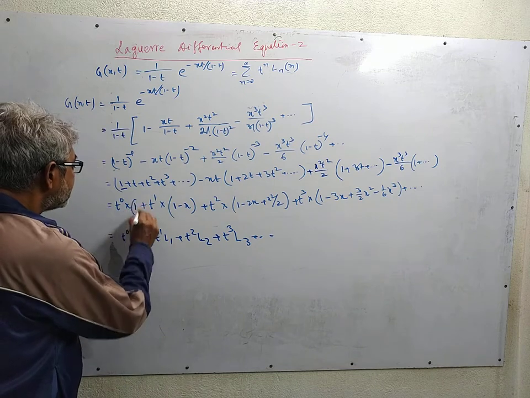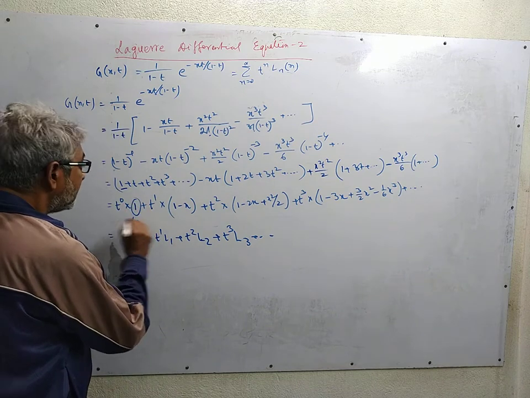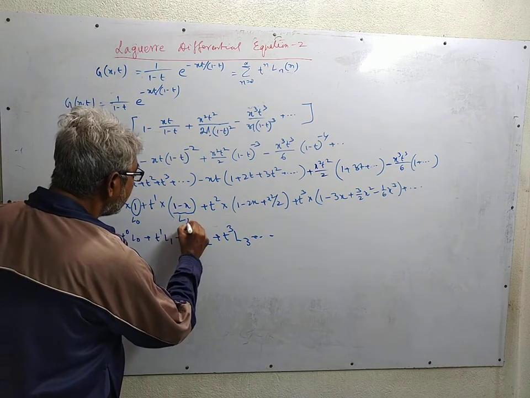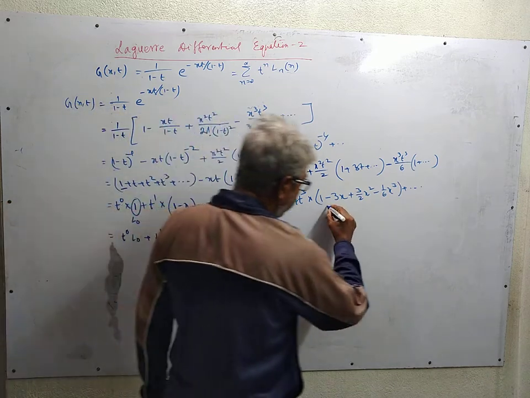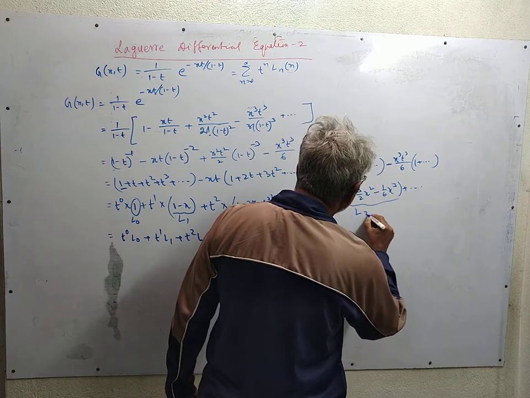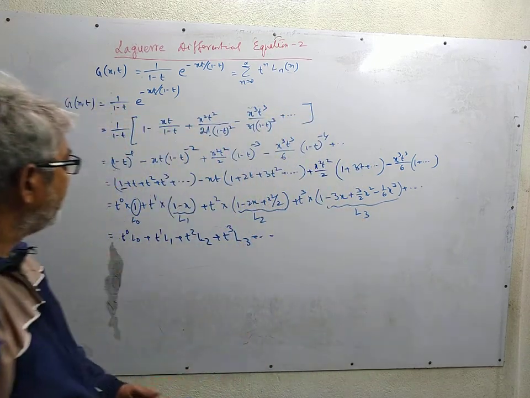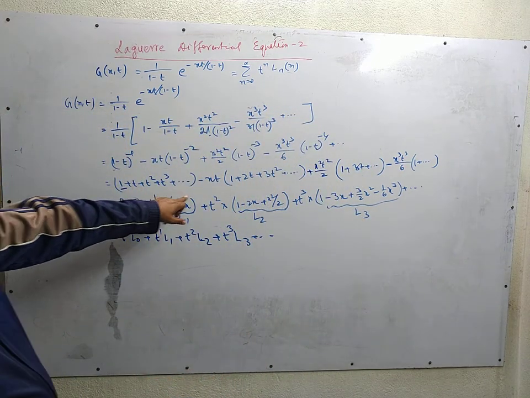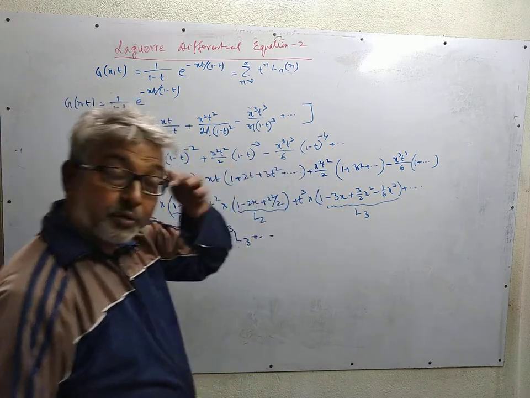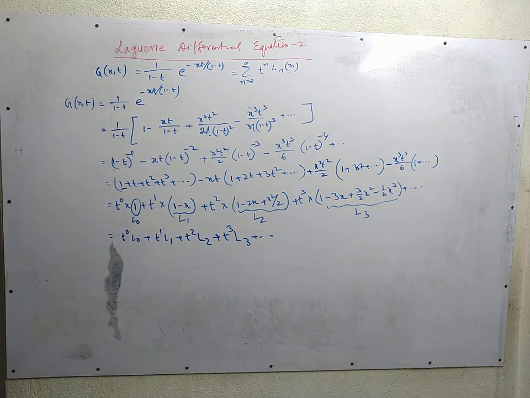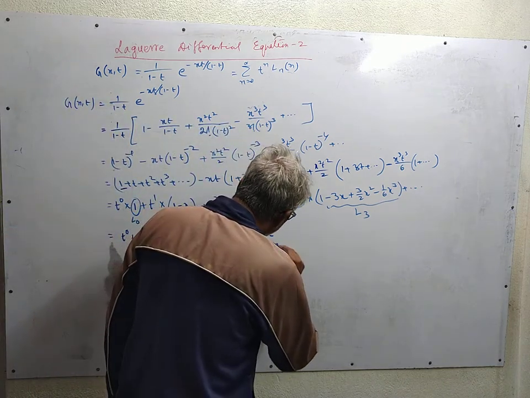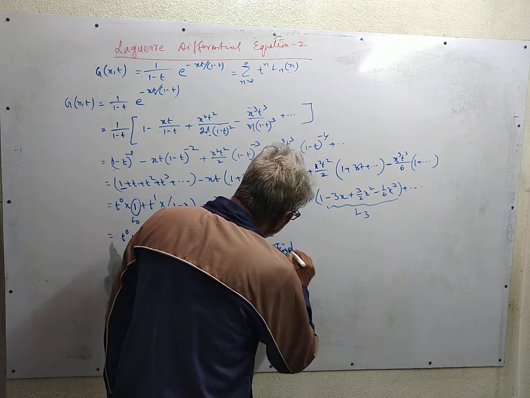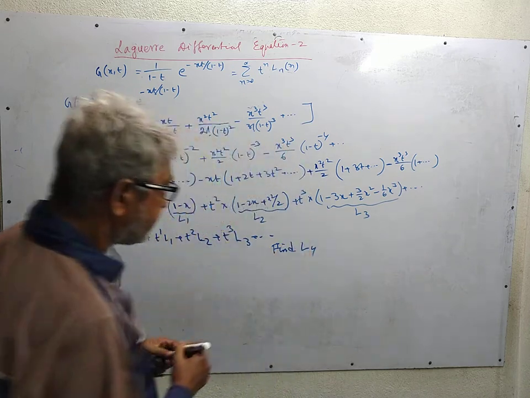So this is L0, this is L1, this part is L2, this part is L3. If we could retain one more term in the expansion, then we could easily get L4. The homework left is find L4. Find L4 from this expression.